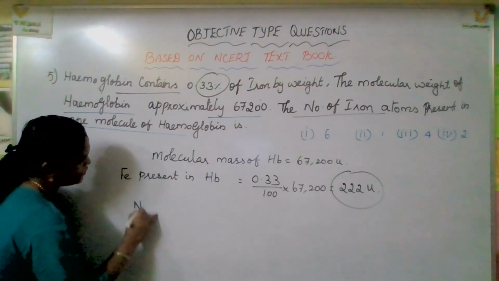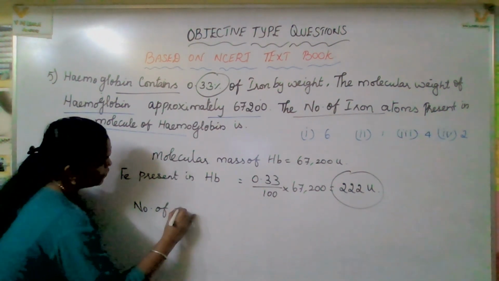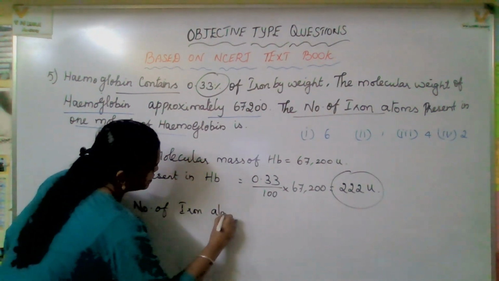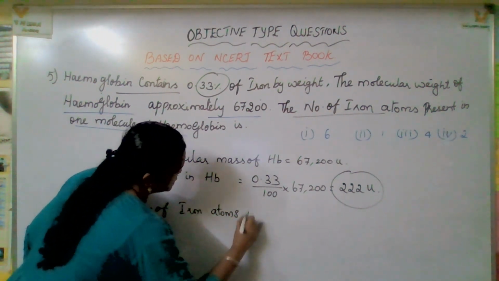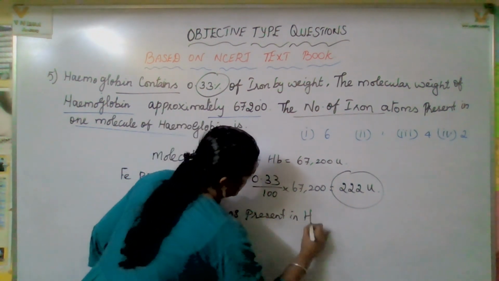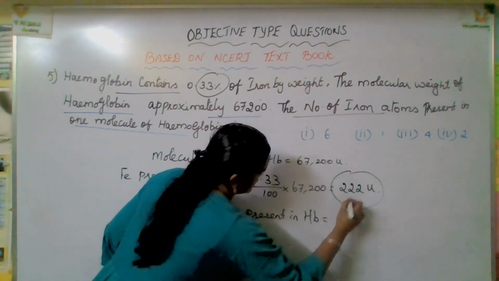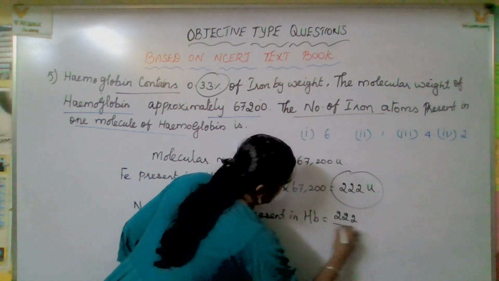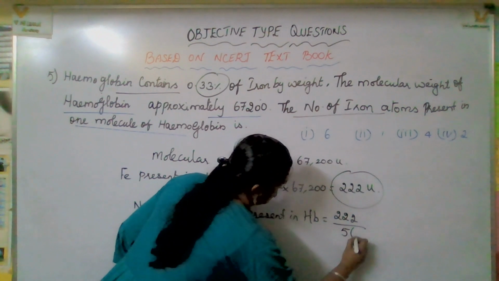So the number of iron atoms present in hemoglobin is the given mass 222 divided by the atomic mass of iron, 56.